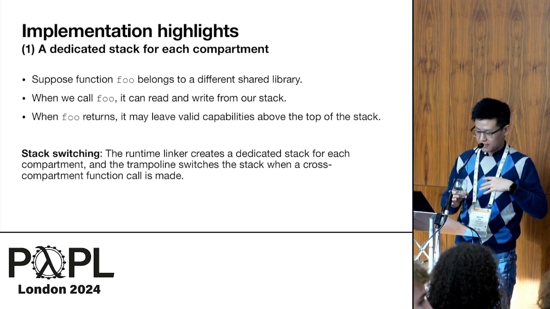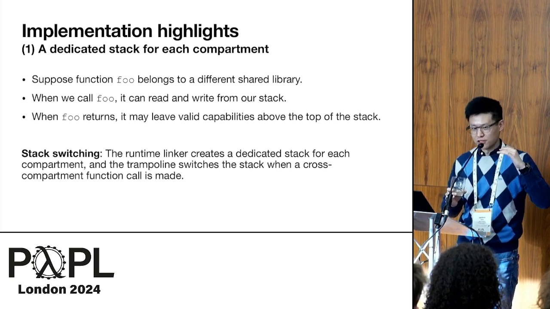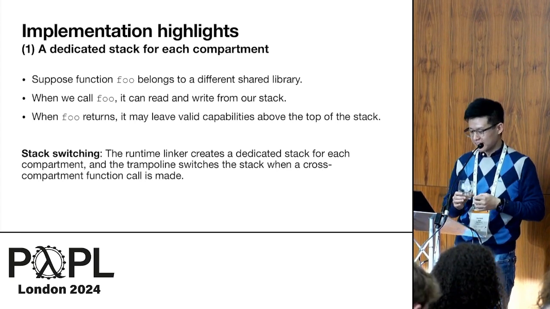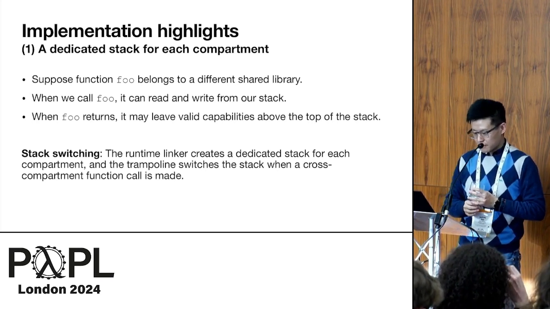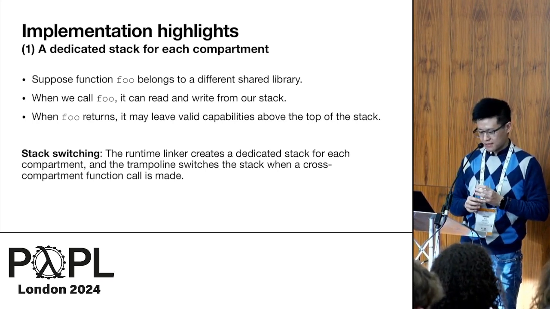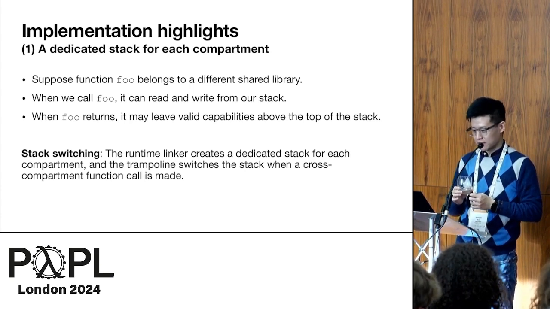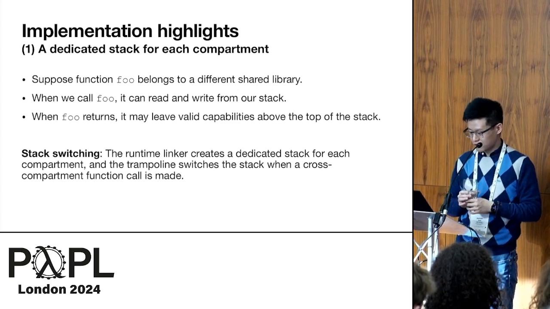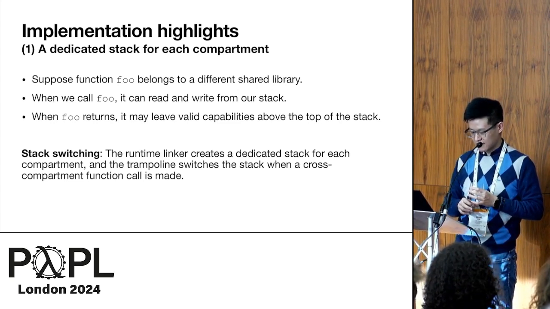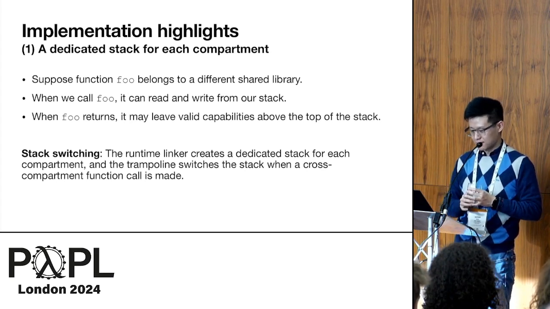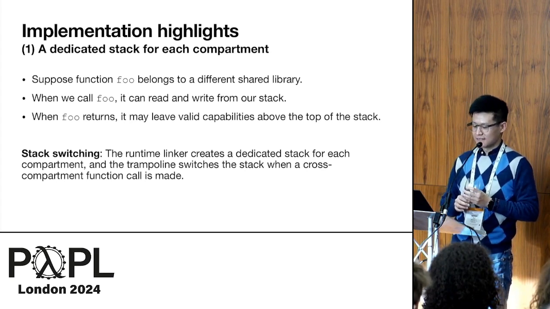Also, when foo returns, it may leave valid capabilities above the top of the stack that we might read. So in our implementation, we allocate multiple stacks, one for each compartment, so that when you switch between compartments, you also switch the execution stack and properly isolate the stack frames for different compartments.